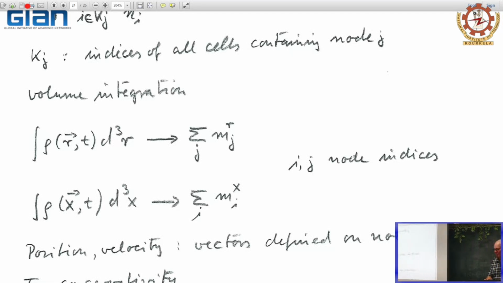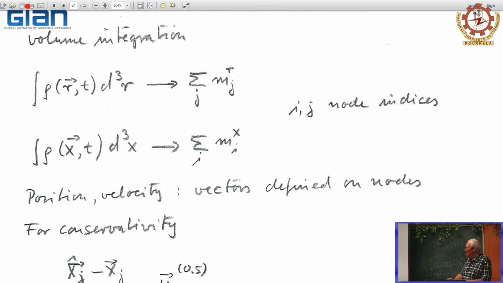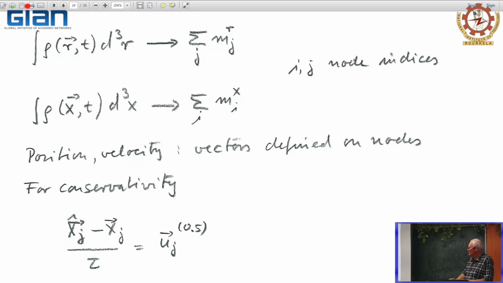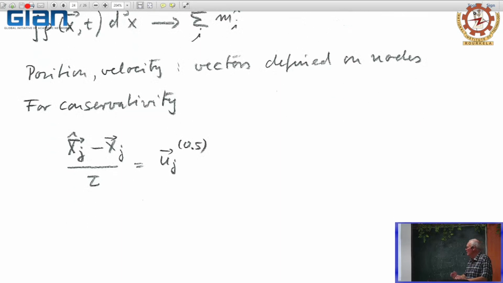So integration is simply summing up masses multiplied with certain quantities. Position and velocity vectors are again defined on the nodes, and for conservativity we already know we have to insert a weight 0.5 for the velocity, so we know how to discretize the velocities with respect to time.